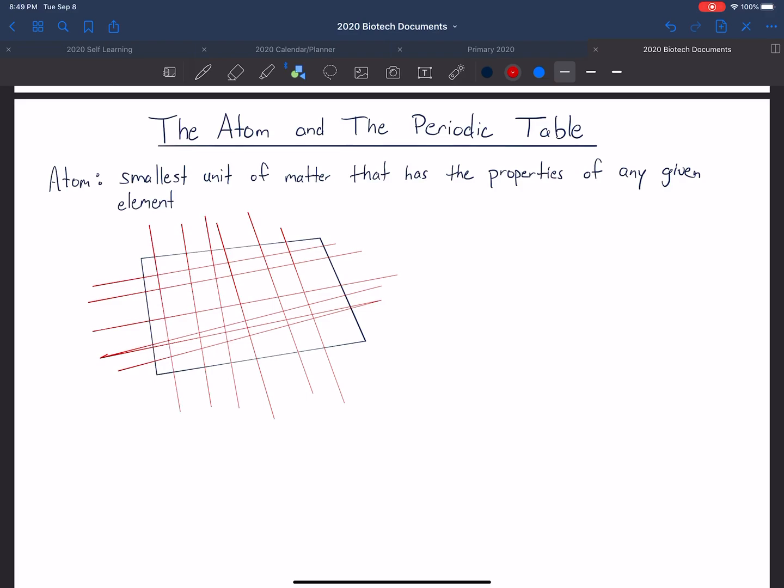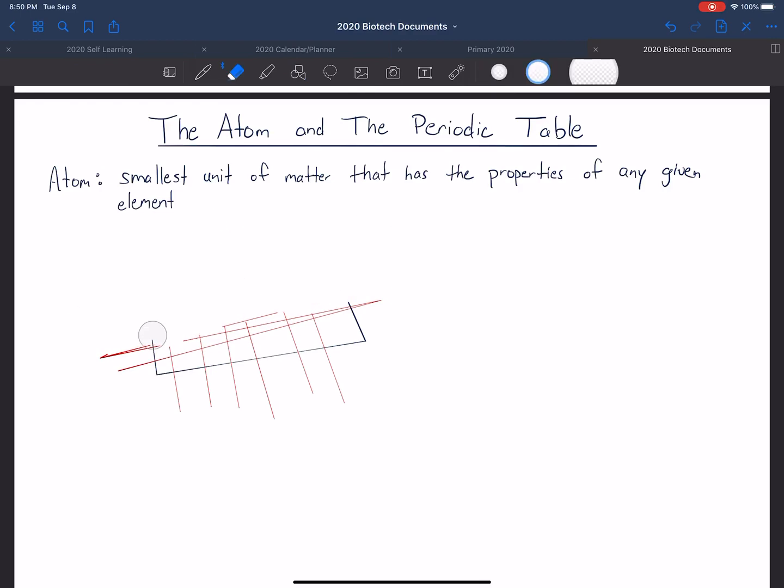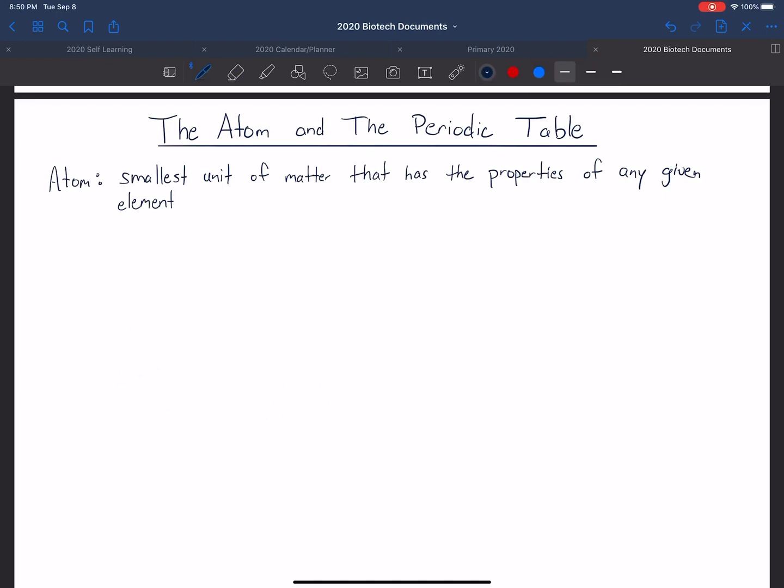How small can we chop this piece of aluminum until it is no longer aluminum? Well, eventually you'll get to a single point in which that point is the smallest representation of what aluminum still is. It will still behave like aluminum, and it still has all of those properties of aluminum, all the way down to just one single atom. So that's just an analogy of sorts, to give you an idea of why the atom came to be in the first place.